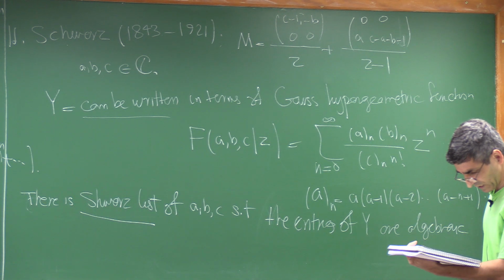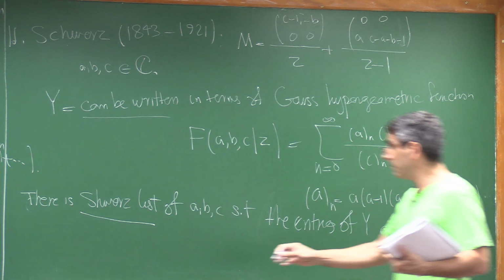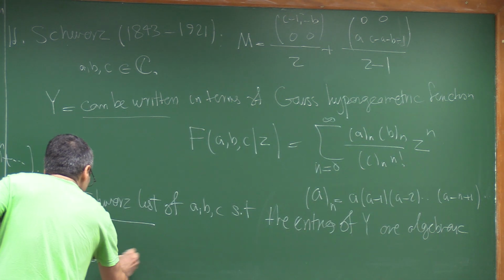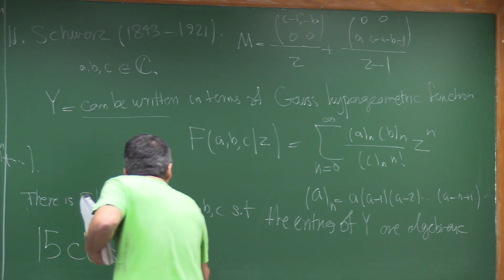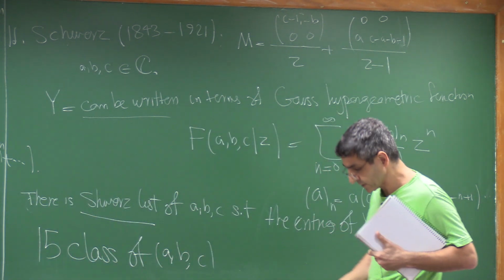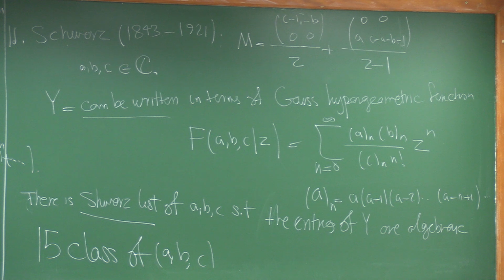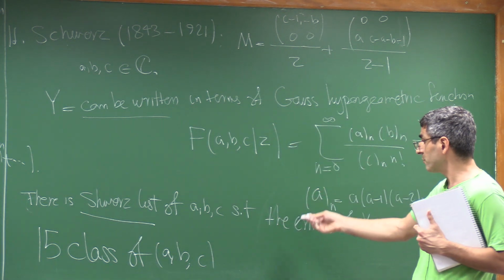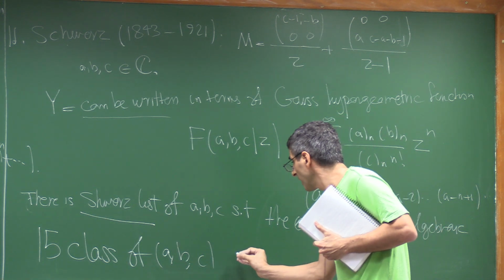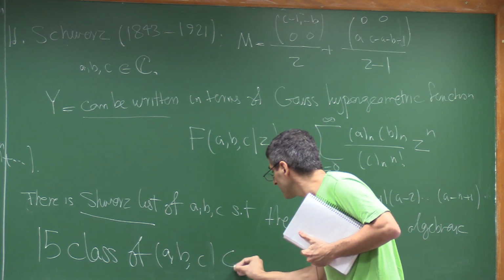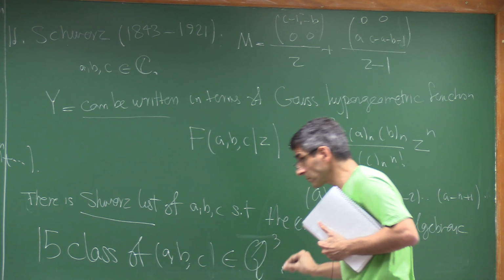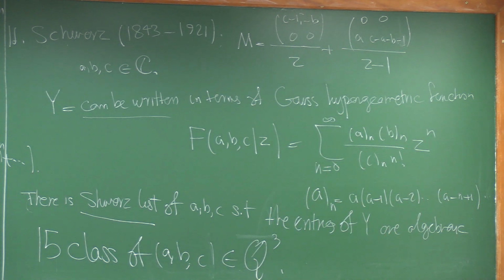It is a 15 class of A, B, C. It's not difficult: if it is algebraic, you can prove that this A, B, C must be rational, and at the end of the day, this is in rational numbers. I will not go into it.